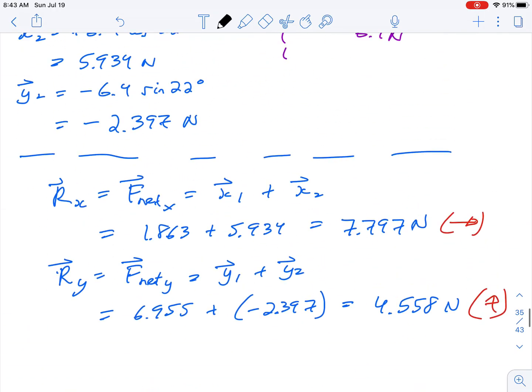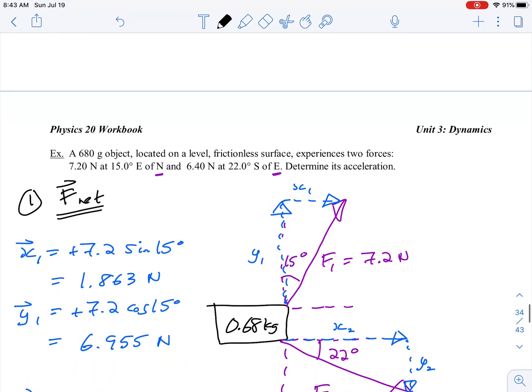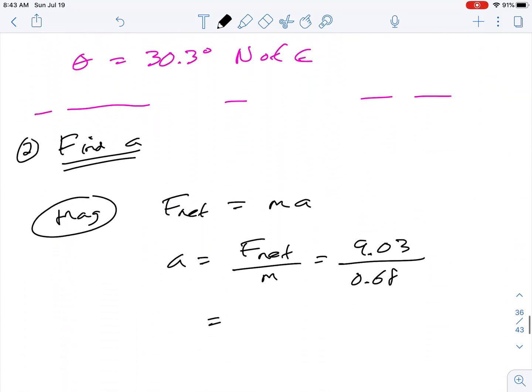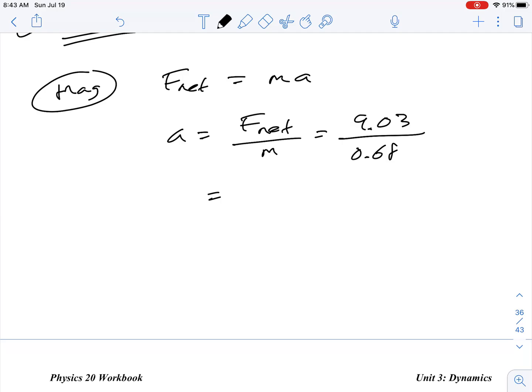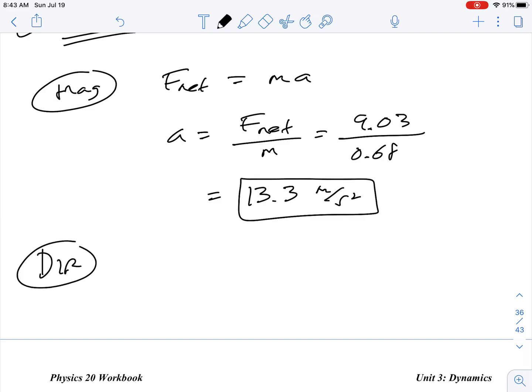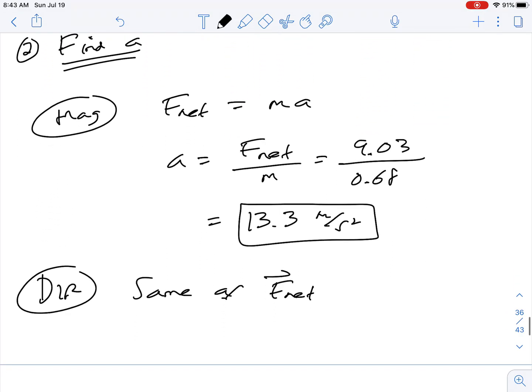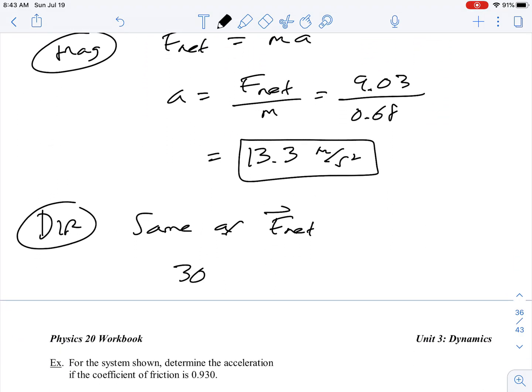Looking at the sig digs we have in this question, it looks like 3. So I get about 13.3 meters per second squared. And the direction, if you remember, is the same as F net based on Newton's second law. So that's going to be 30.3 north of east.